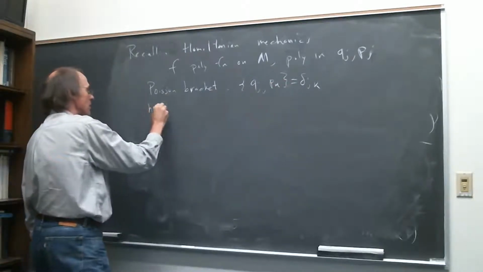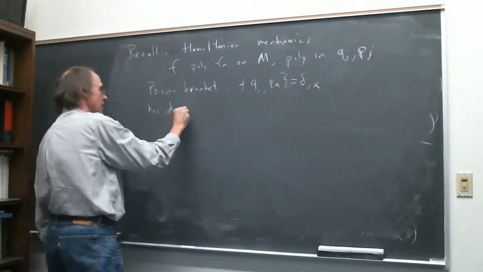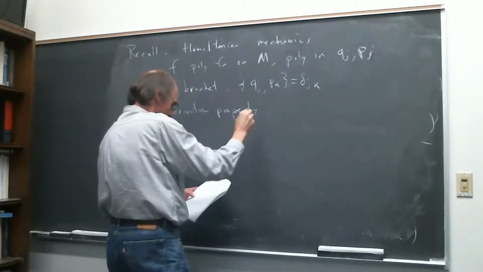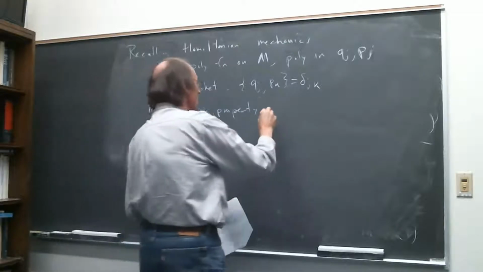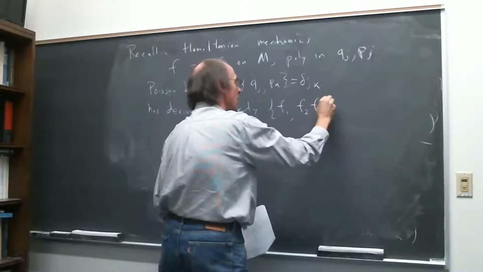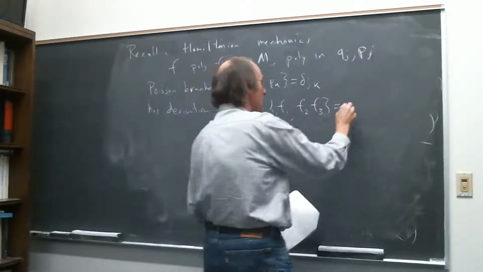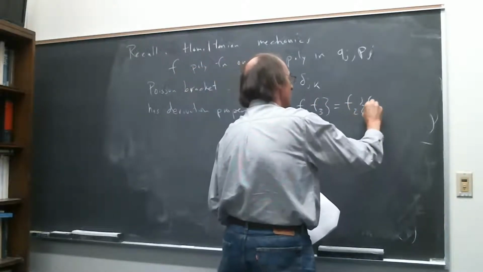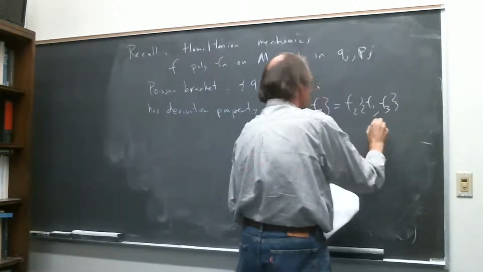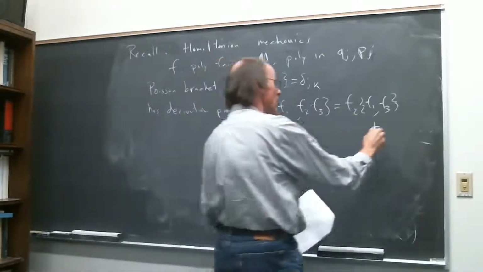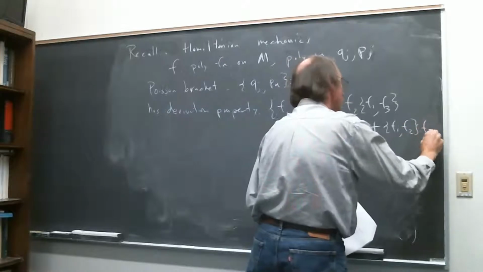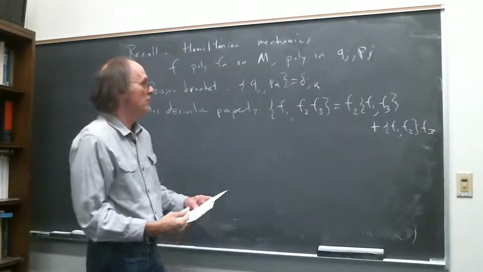So this has the derivation property: the bracket of F1 with F2 F3 is equal to the bracket of F1 with F2, times F3, plus F2 times the bracket of F1 with F3.